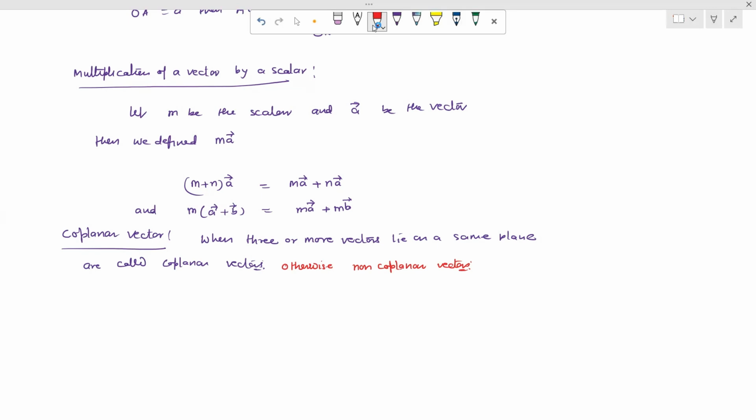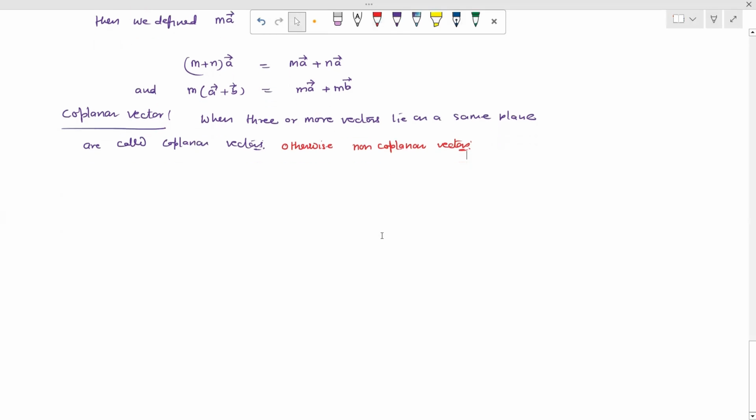Now we move to the next definition, that is the unit vectors i, j, k. So basically we represent the vectors i, j, k on the basis of the direction.